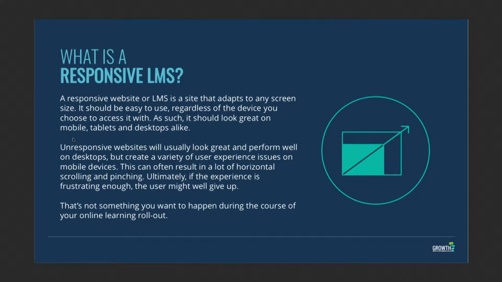So the good news about a responsive LMS is usually you've got most of the functionality that you've bought in your LMS. If one page is responsive, typically all pages will be responsive. So if you've bought a talent suite or you've bought an HRIS off the back of your LMS, you will be able to get access to all of those things through your responsive website, okay? And basically what happens is, as we can see from the little graphic, it just changes according to the size.